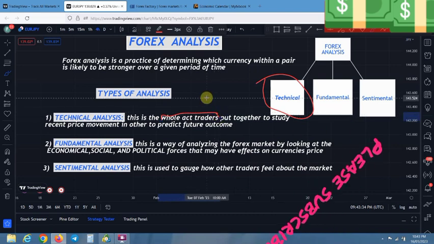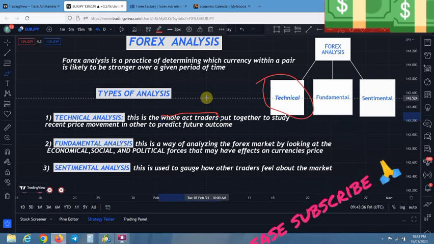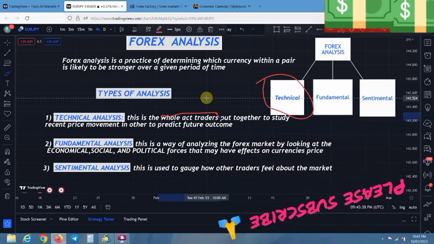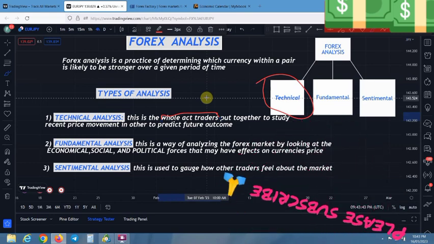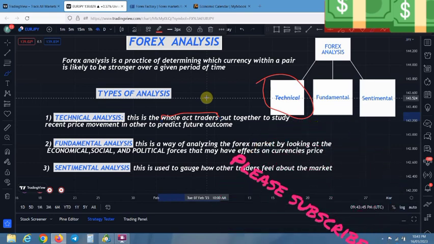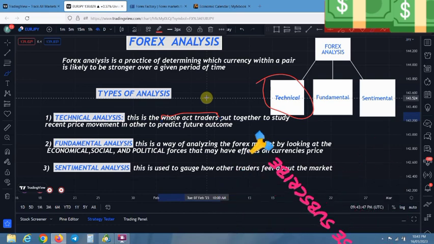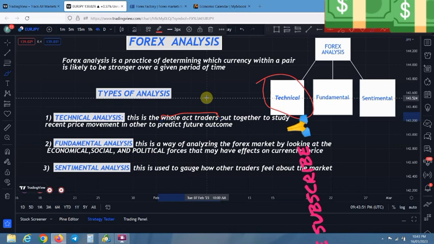So technical analysis means that every act that you come together and put in place on the price chart, that helps you to analyze the present price action in order to predict the future outcome, is called technical analysis.